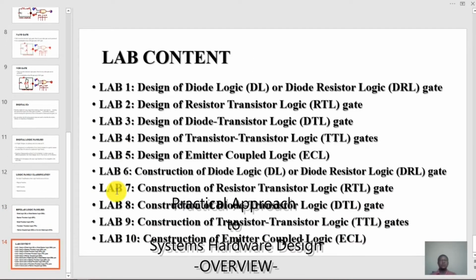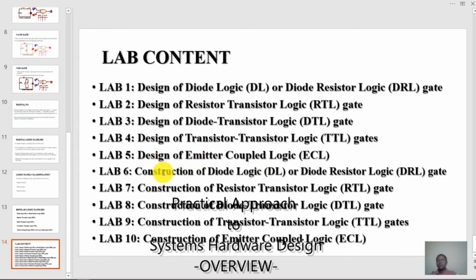So in this course, we have the following labs to complete. We will design the diode resistor logic. We will design resistor transistor logic. We will design diode transistor logic. We will design transistor transistor logic. And finally, on the designing, we'll do emitter coupled logic. Then we'll go over to construction.